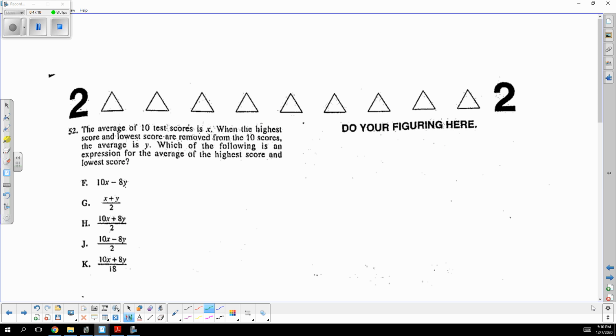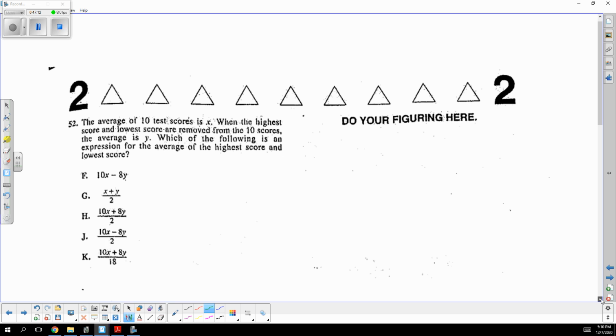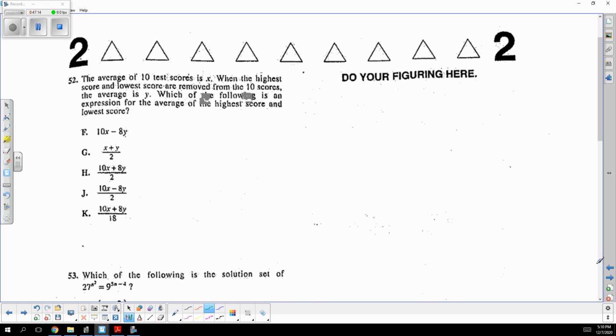All right. Average is total. The average of 10 scores is x, so the total is 10x. When we removed the highest and the lowest, that means it was 8 scores. The average was y. So which of the following is an expression for the average of the two removed scores?